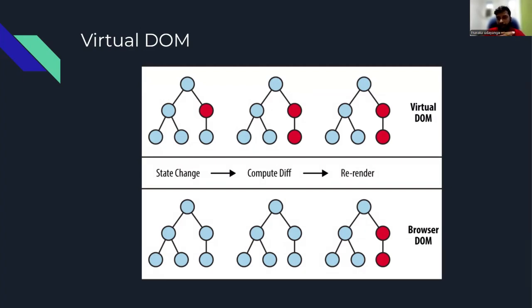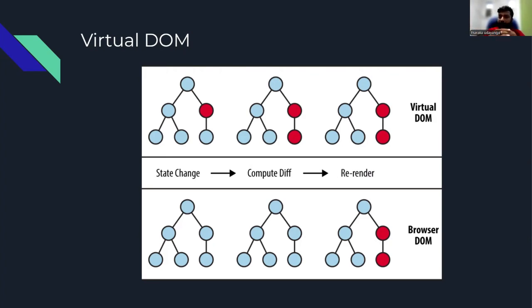For example, if we have some changes in the state, we already have a virtual DOM. As I told you, React keeps a copy of the real DOM, that's the virtual DOM. If there is some update, React creates a new virtual DOM and compares the old virtual DOM with the new virtual DOM, so we get the difference. Only this difference will be applied as batch updates.